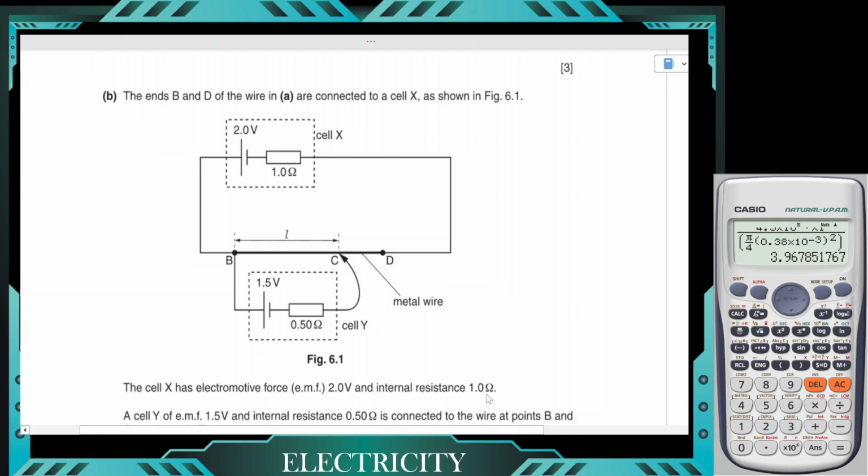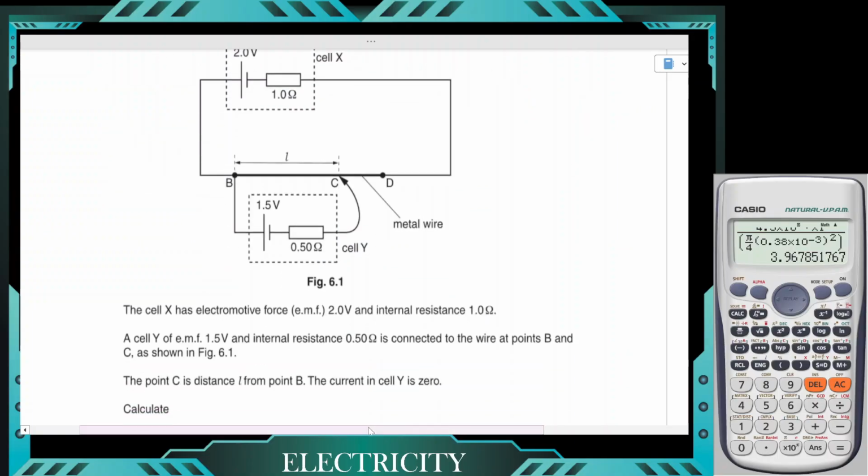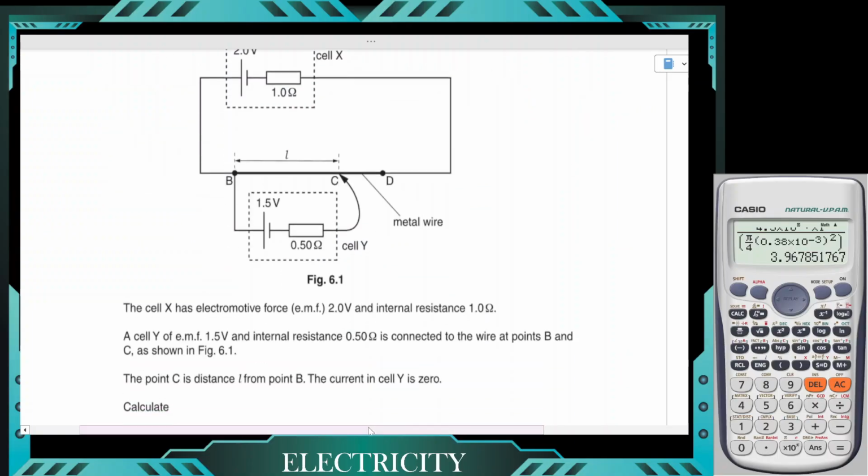So for part B, this is a question from the potentiometer. So let's see what we need to find before I read the entire question. The galvanometer, we don't even have the galvanometer, but the current in the cell Y is 0. So that means no current flows through this part. And the only possible way no current flows through this part would be if the potential difference over here equals the EMF of the battery.